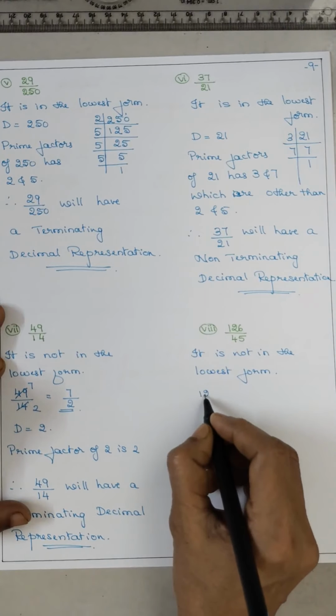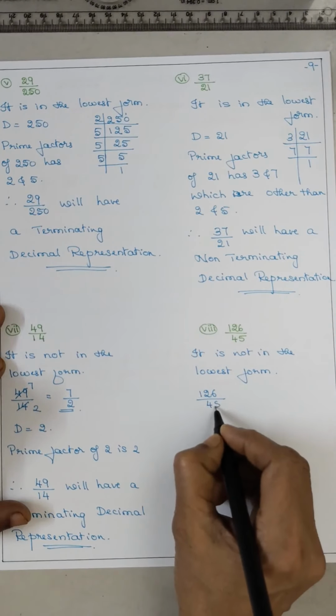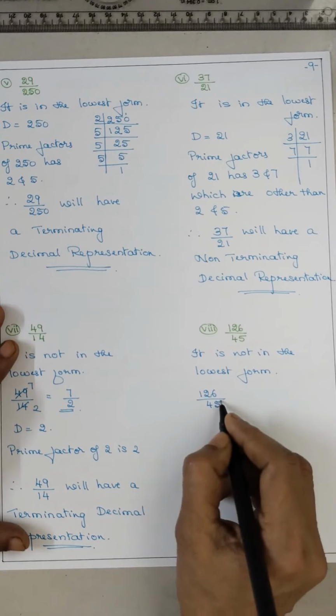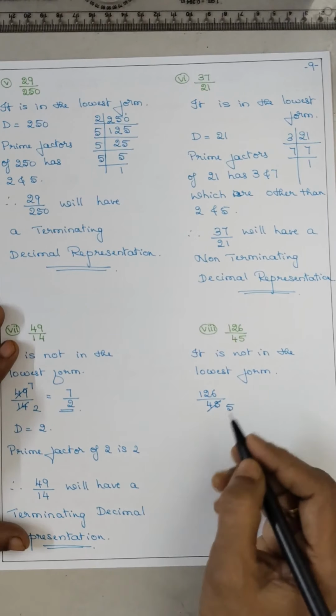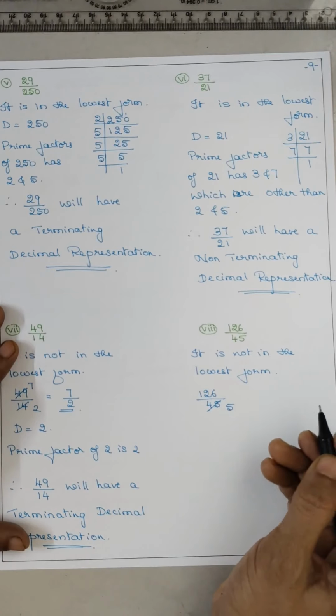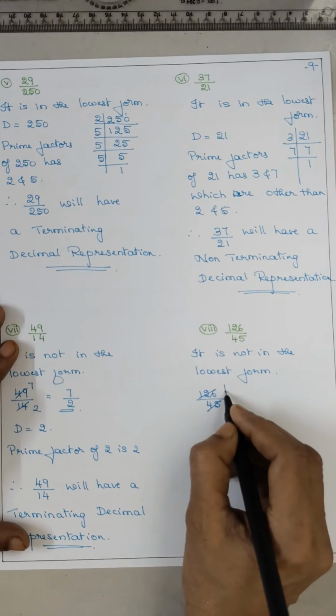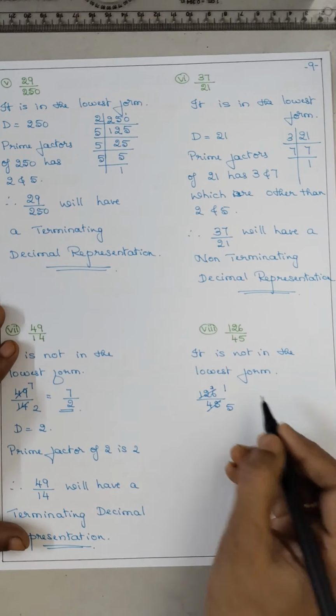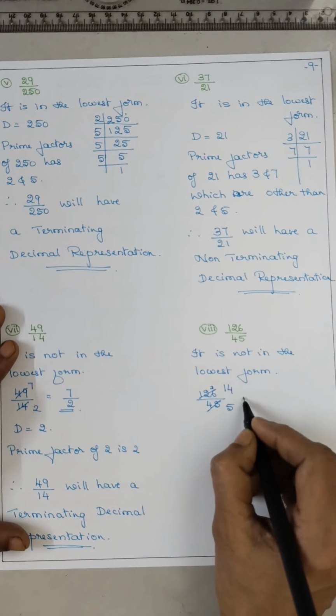Therefore convert. 9 fives are 45, 9 fourteens are 126.